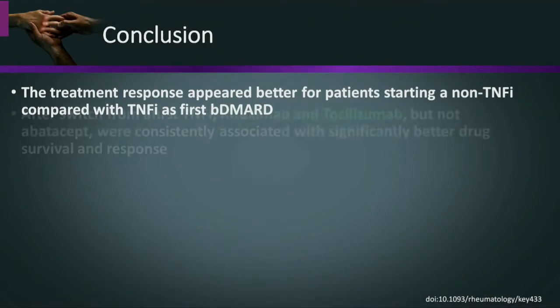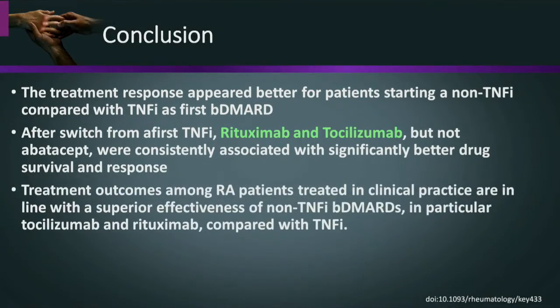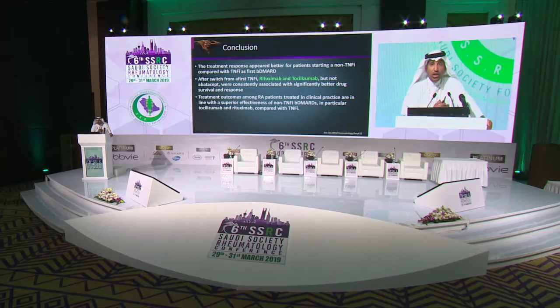So in conclusion, this is real-life data over a large number of patients, and it showed that patients who started on non-anti-TNF did much better as compared to anti-TNF as the first biological agent. And after switching from the first anti-TNF, rituximab and tocilizumab, but not abatacept, were consistently associated with significantly better drug survival and response.